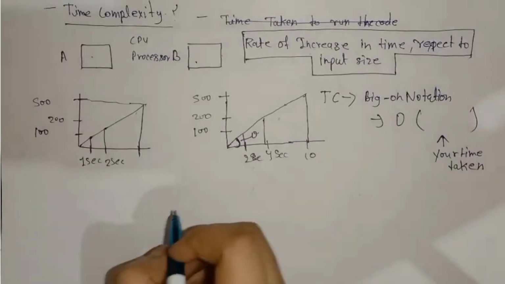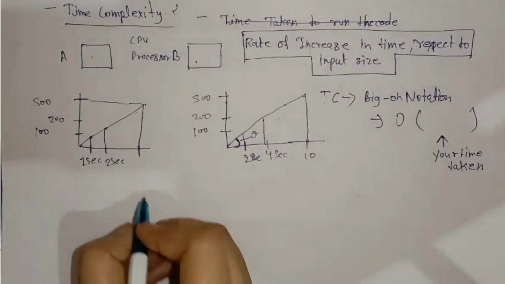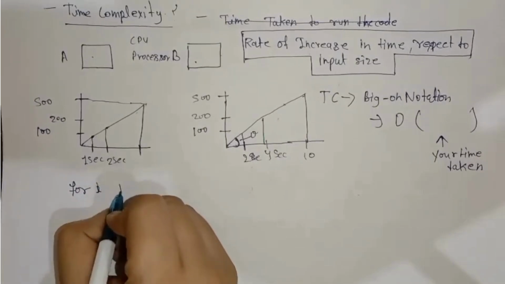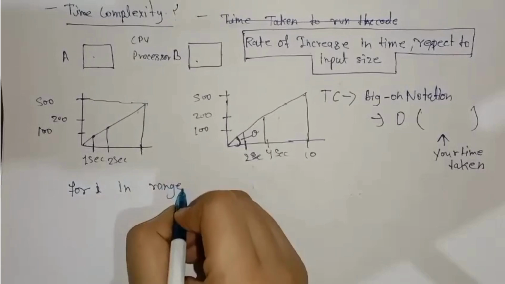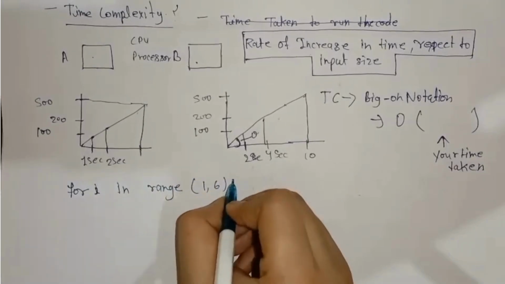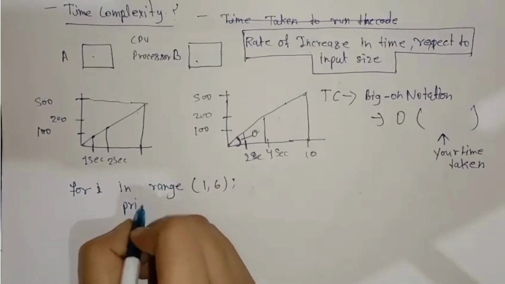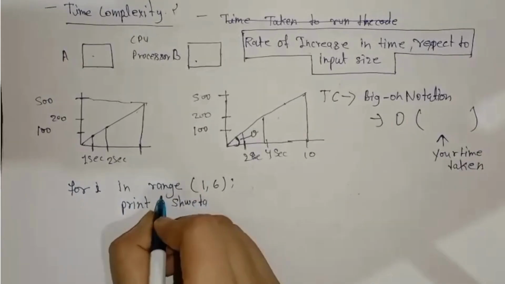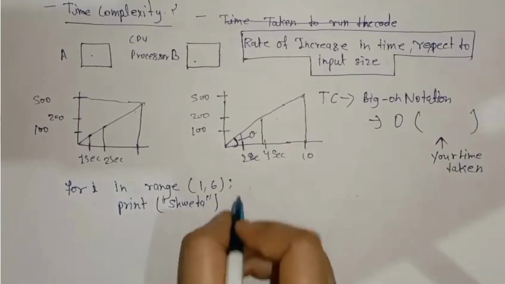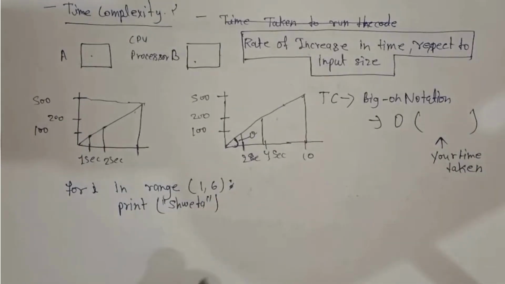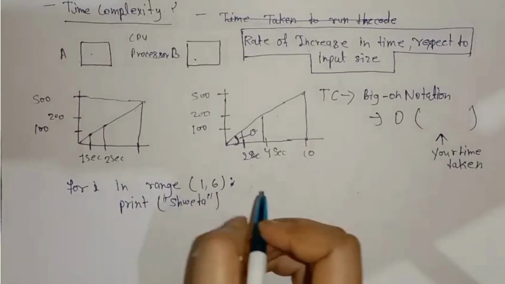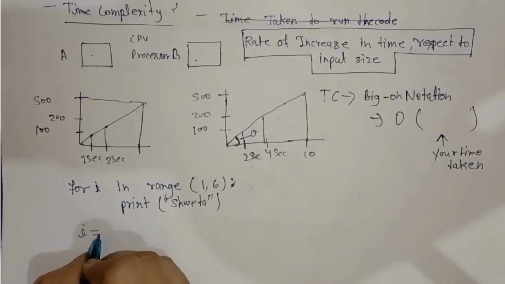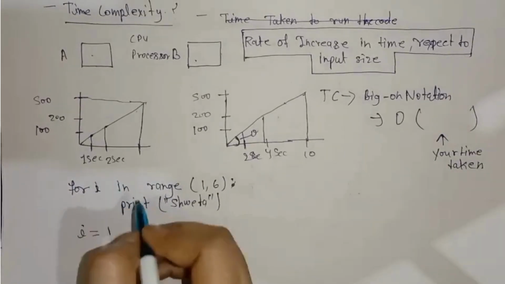Okay, so let's discuss it with code. Here, for i in range, print. So what this code will basically do: first, i will take the value 1, i equals 1.